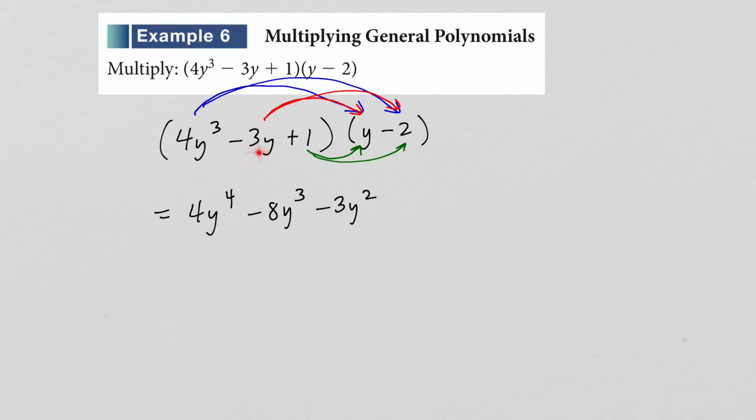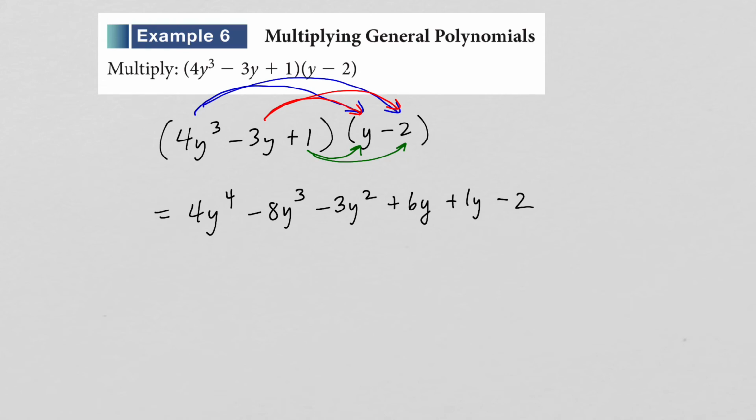And then we have -3y times -2 is positive 6y. And now moving to the last term, positive 1 times y is positive 1y. And finally, positive 1 times -2 is -2.